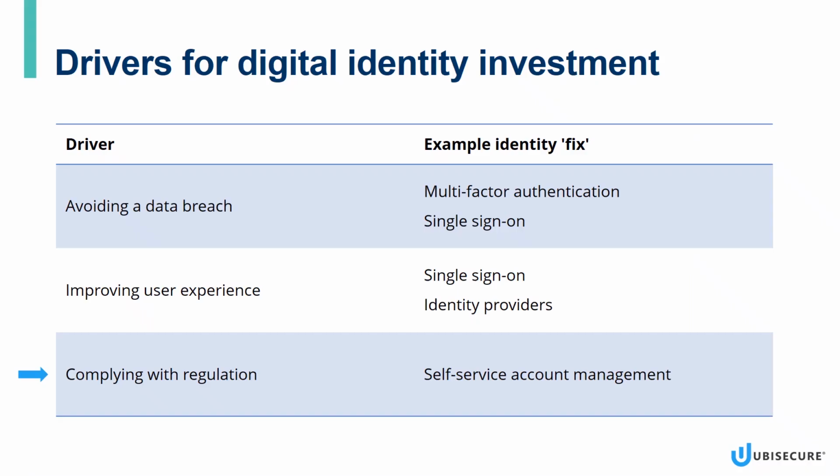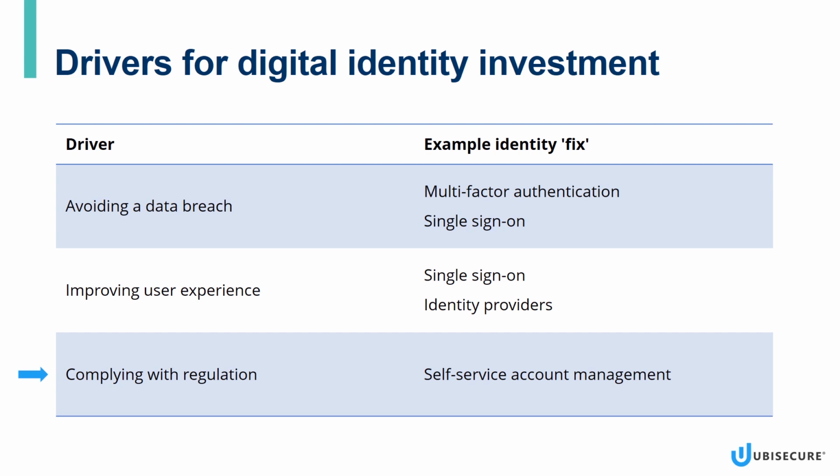And the third one of the drivers is about complying with regulation. Digital identity is a key enabler to complying with regulations, such as the European Union General Data Protection Regulation, that is GDPR, and other regulations in other jurisdictions, of course.